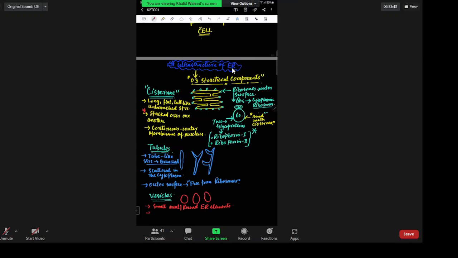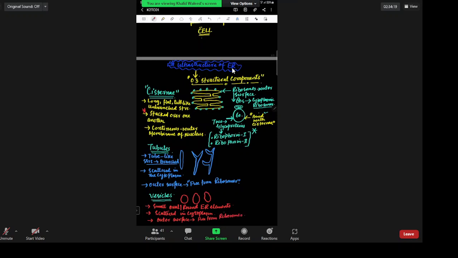Number two, like tubules, they are also scattered in cytoplasm. माने, vesicles are also not continuous with the outer membrane of what? Nucleus. Third, their outer surface is also free from ribosomes.